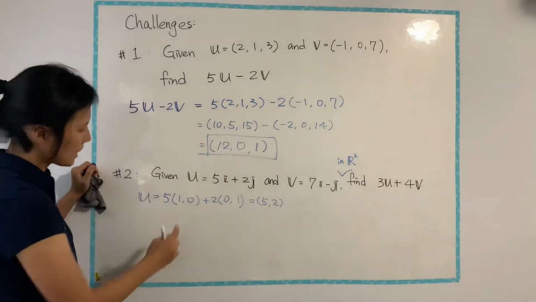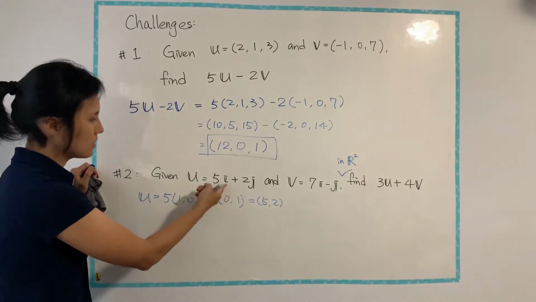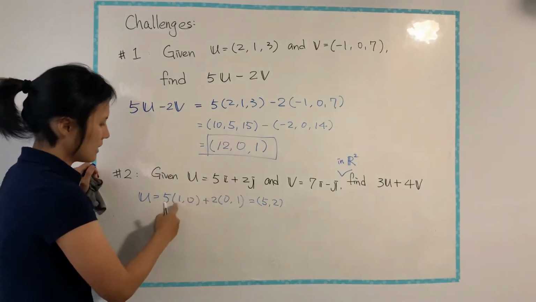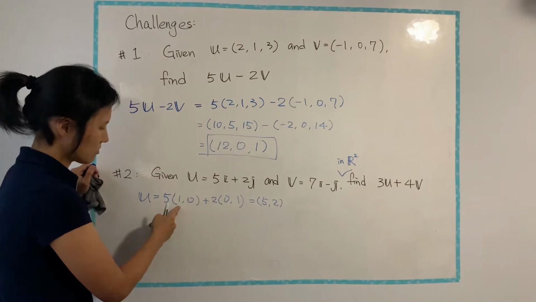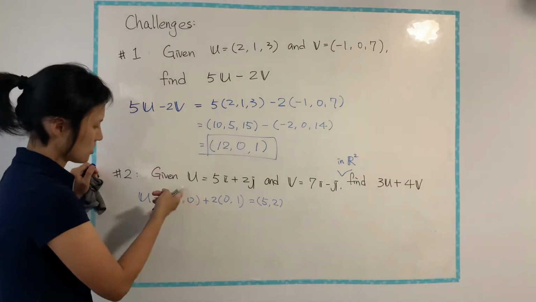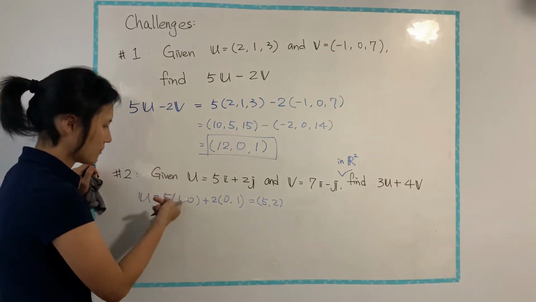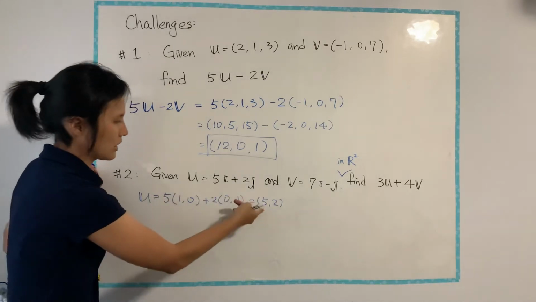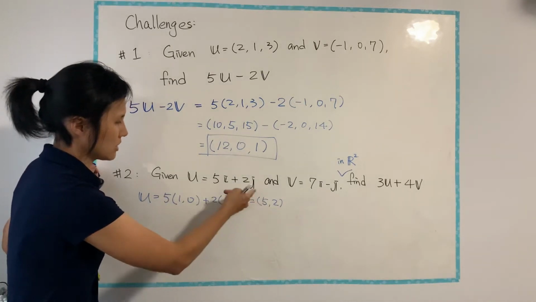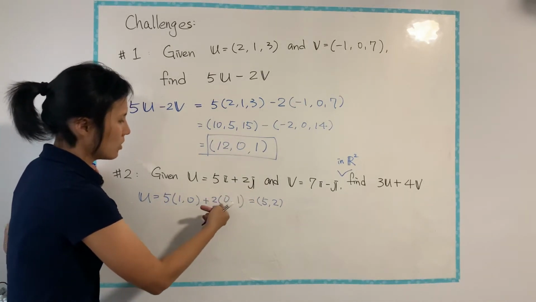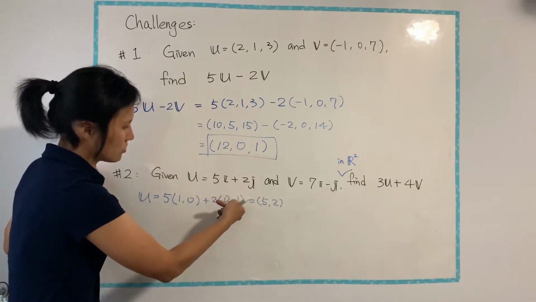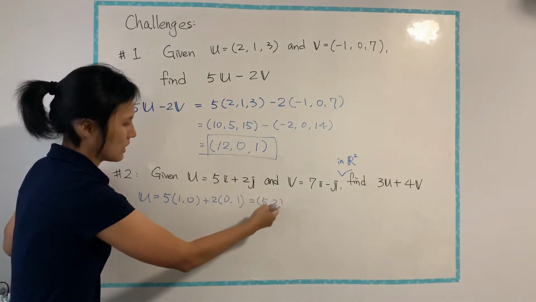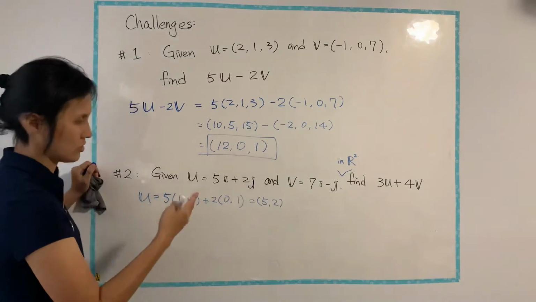But I don't have to write this out, because I know for i, except the x direction, everything else is 0. So it's always 5 times 1 in the x direction, and I would always have 5 in the x direction. And same here, I will always have 2 and 0, whatever else. It doesn't matter if I'm in R2 or in R3.